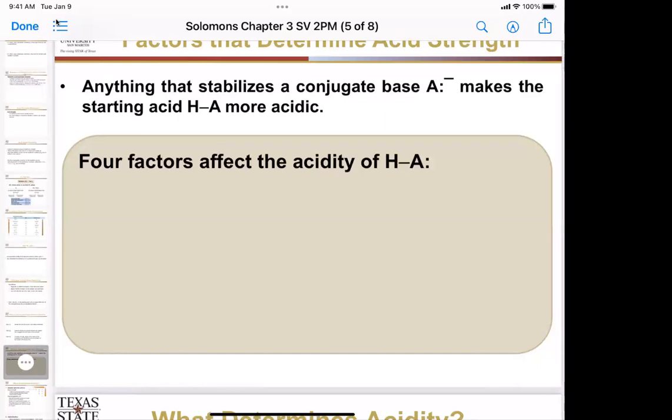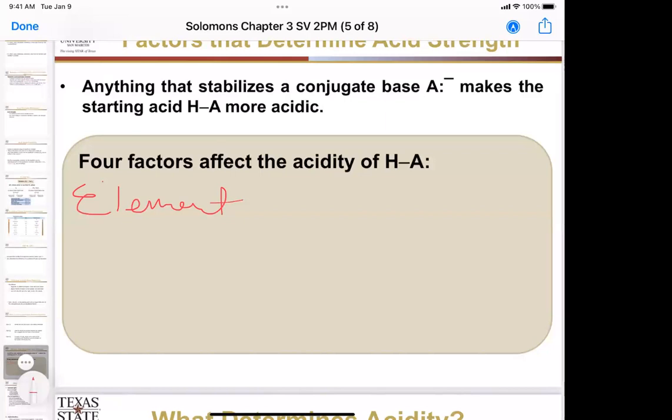But now I wanted to shift gears and talk to you about the different things that change whether something is acidic or not. There's a total of 4 things we're going to talk about. The first one is the element itself, because it has something to do with size and electronegativity.